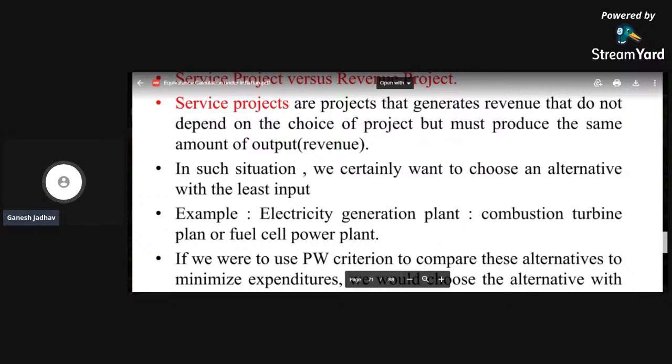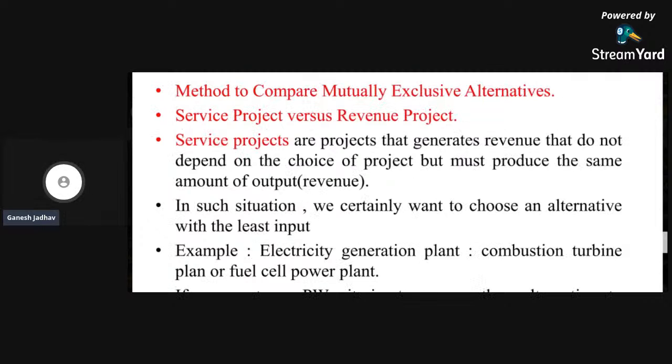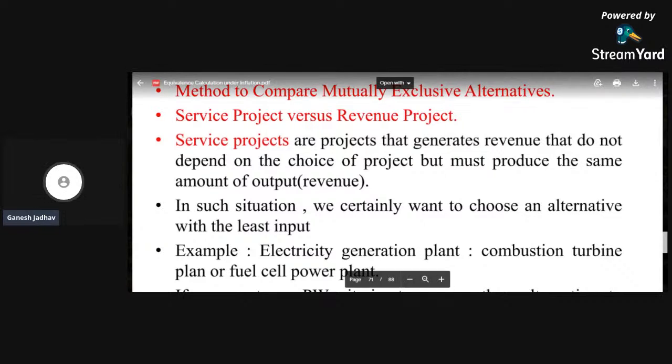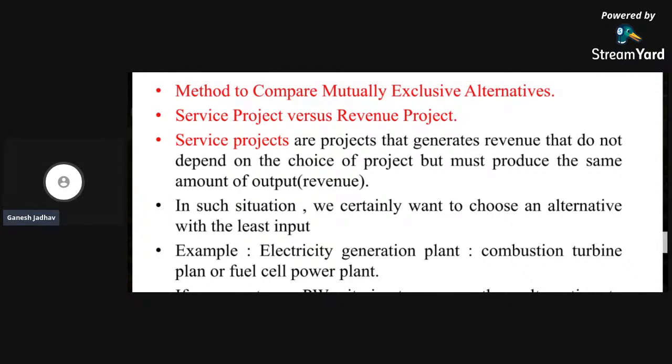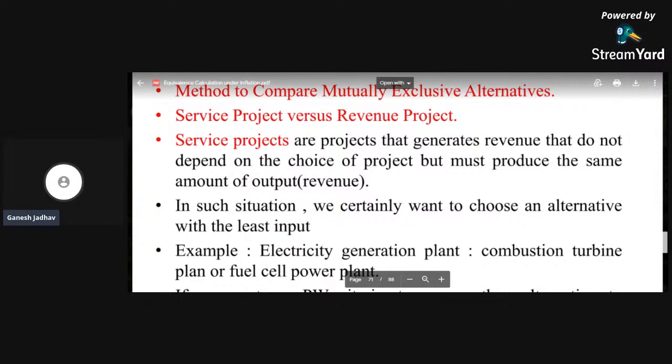So the service projects do not depend on any project, but must produce the same amount of output of revenue also. They do not depend on the choice of the project. They have to take the output as the same.